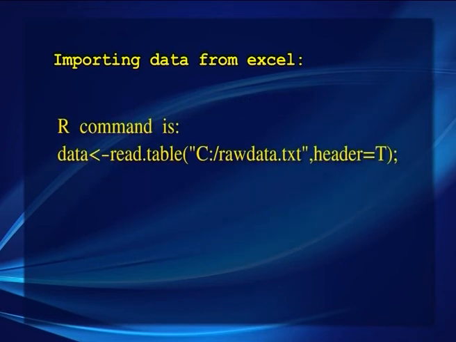The R command is data assignment operator read.table open the bracket, open the double quotes C colon backslash rawdata dot txt close the double quotes comma header = TRUE semicolon.